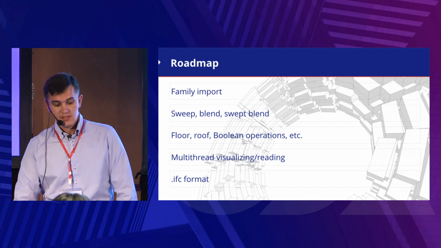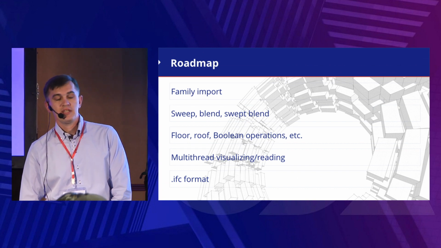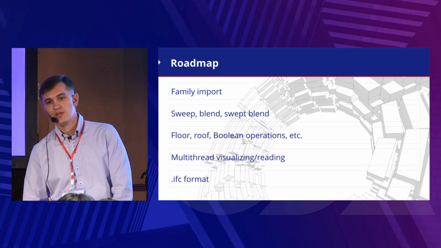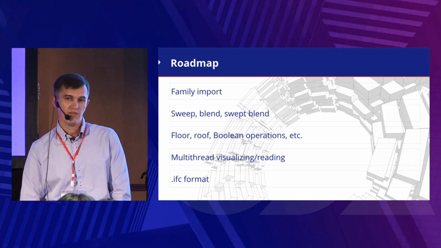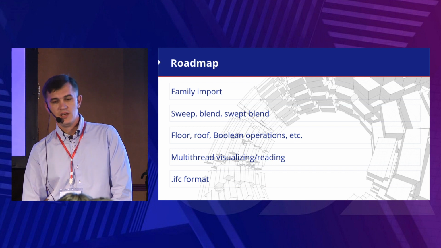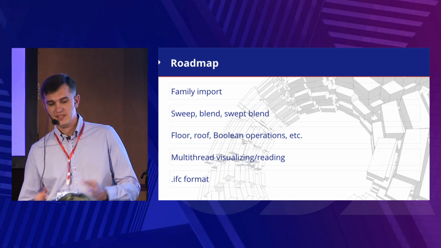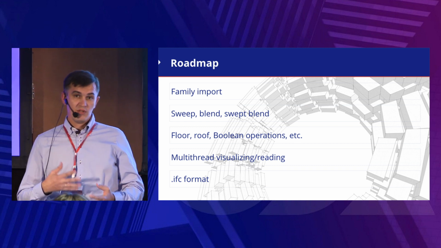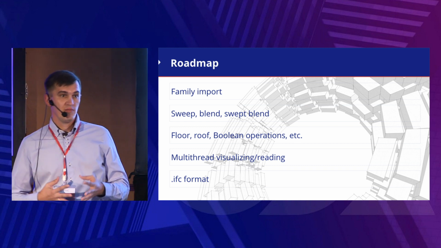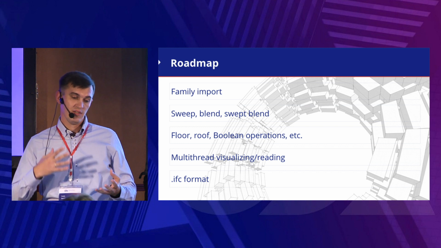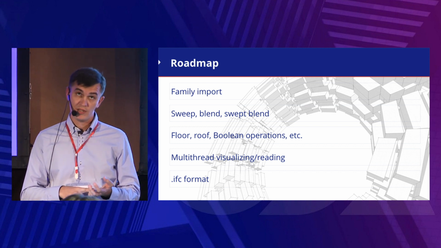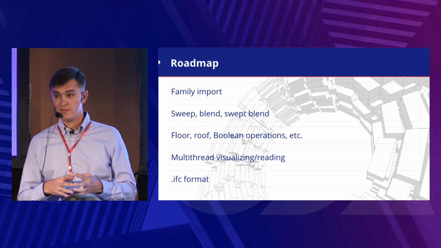And our plan is, first of all, the implementation of family import, because most elements like different windows, different doors, and so on, are families inside the file format. Currently, we are working on the implementation of basic family import functionality. We try to import families with one family type and without parameters.